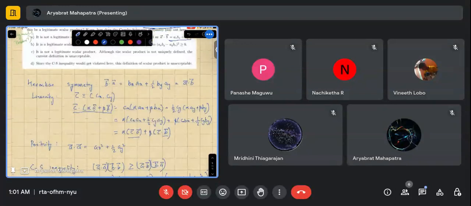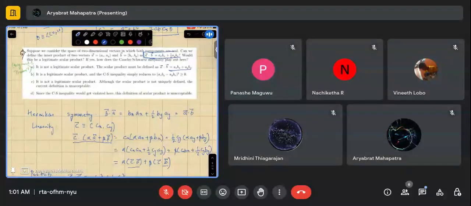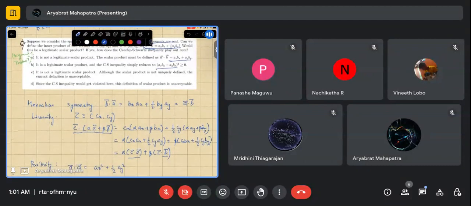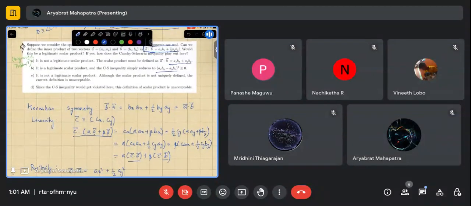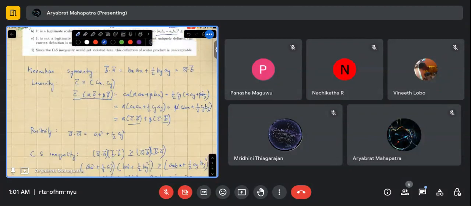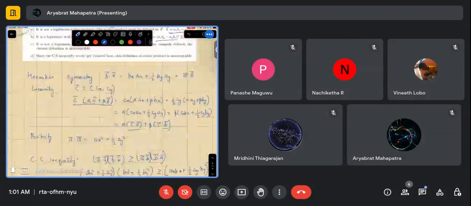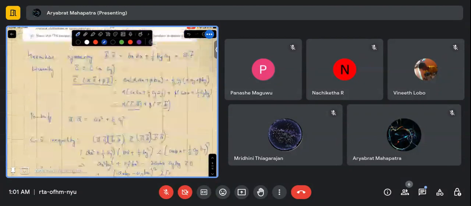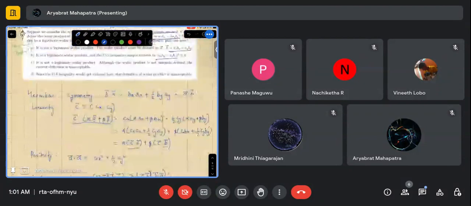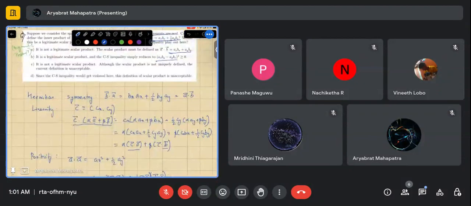This is the Cauchy-Schwarz inequality, which finally reduces this way if you follow this definition of inner product. So statement B is correct.